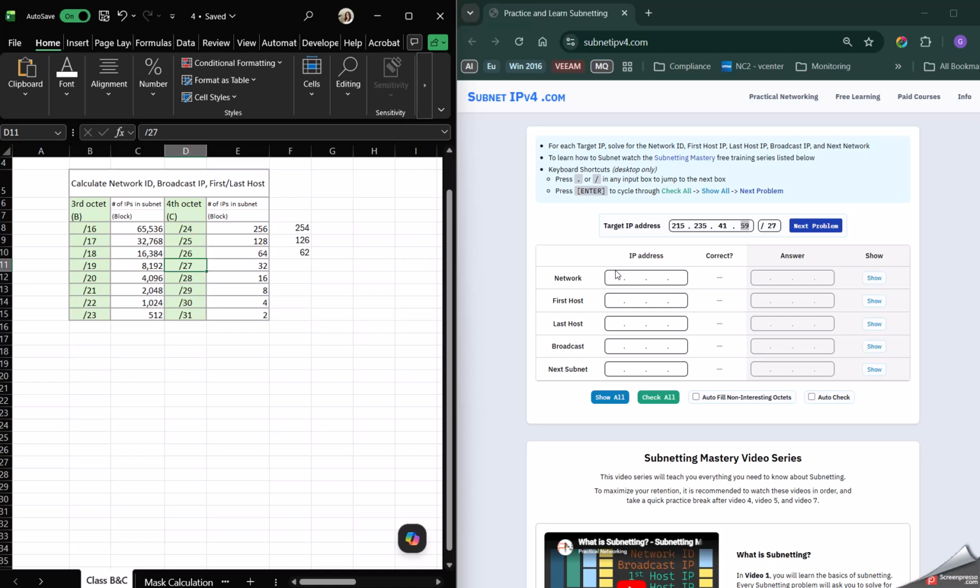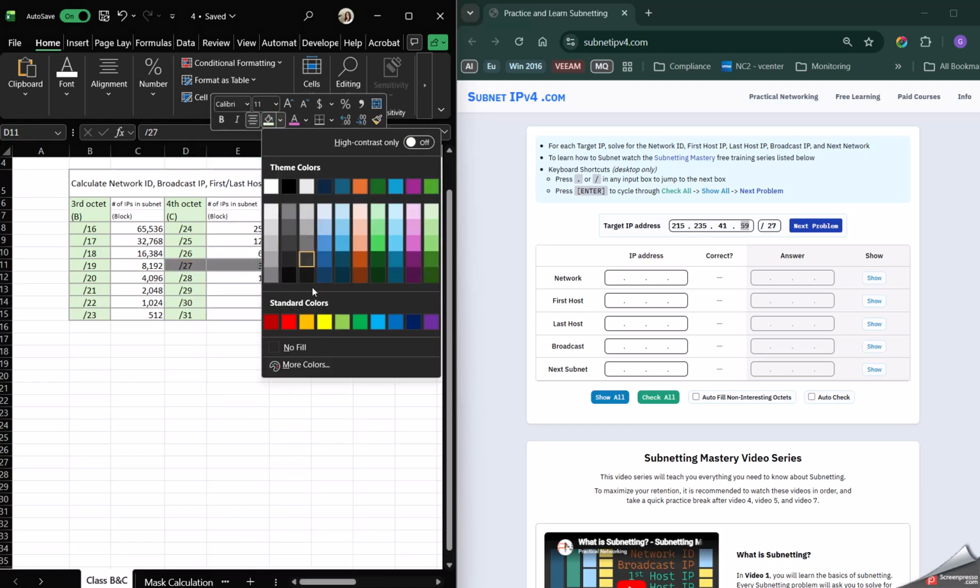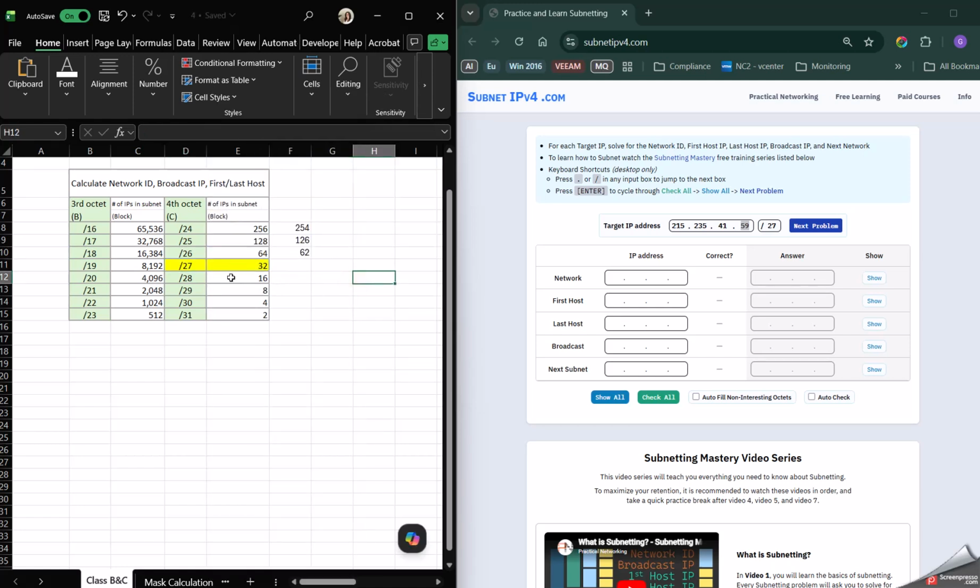So like we said, we have the target IP address 215.235.41.59, and it's a CIDR notation of /27, which takes us here. So this is the notation that we will be using. Okay, let's make it yellow so we can see.